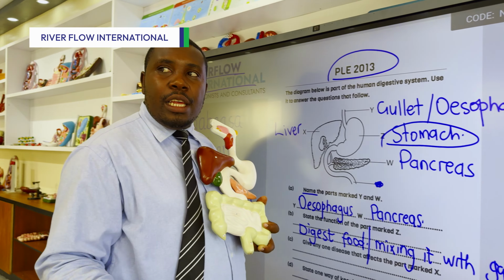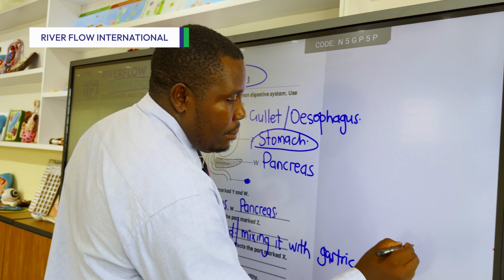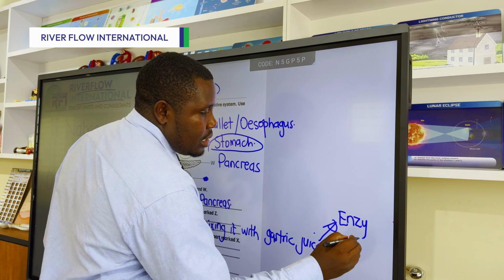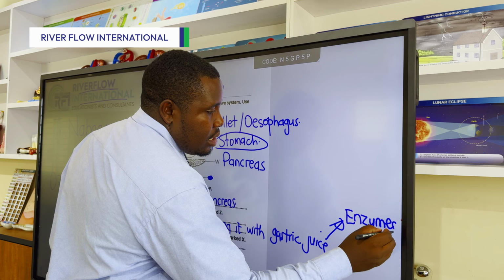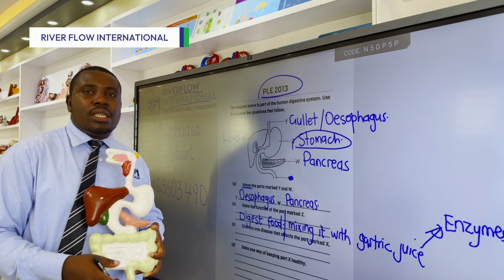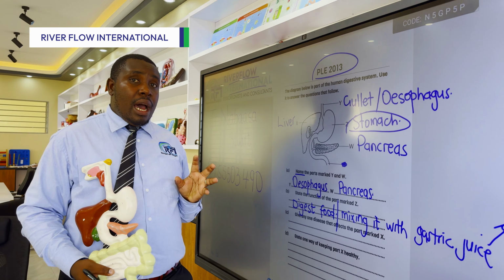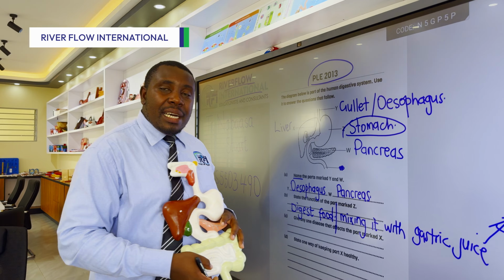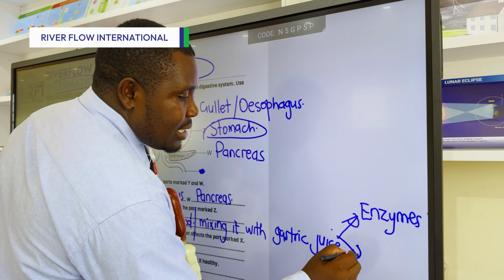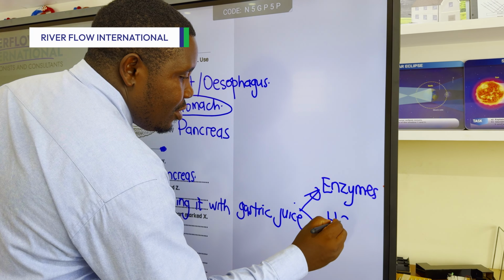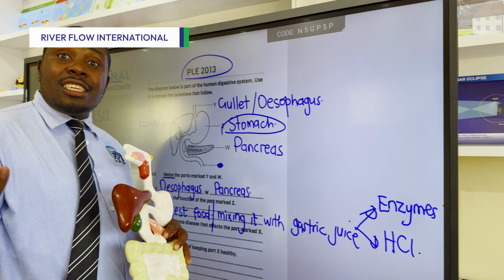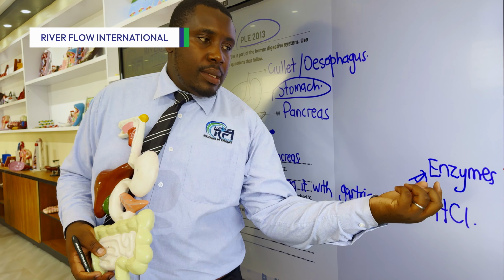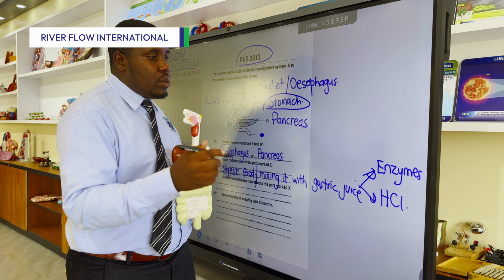What do we usually find in the gastric juice? Number one, we find enzymes, which are usually produced in a dormant state. But when hydrochloric acid comes in, it activates them. Number two, also on enzymes, we always have two types of enzymes.